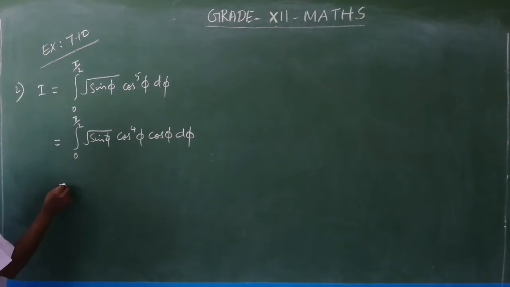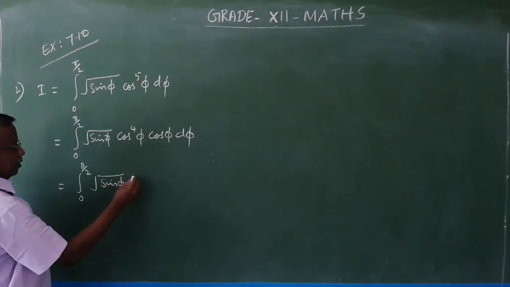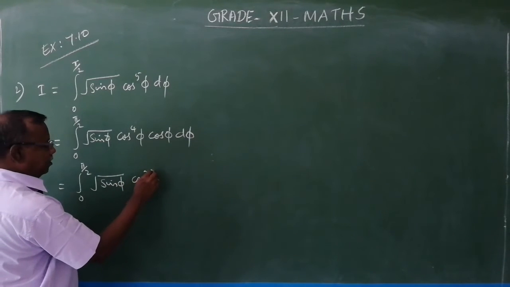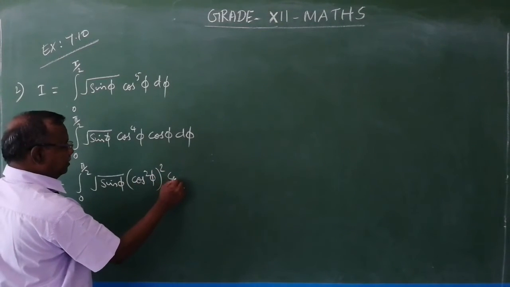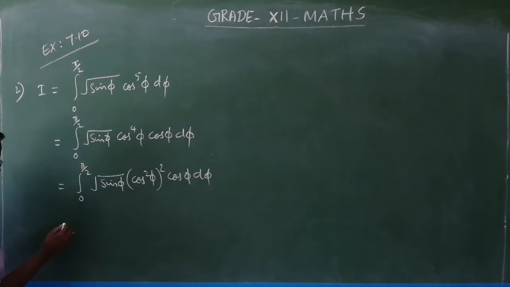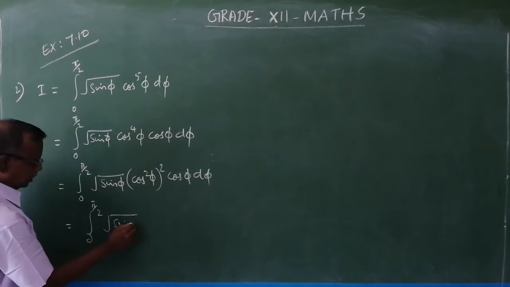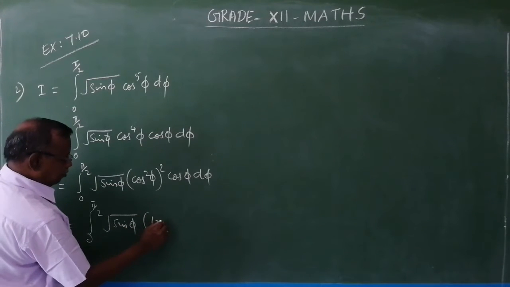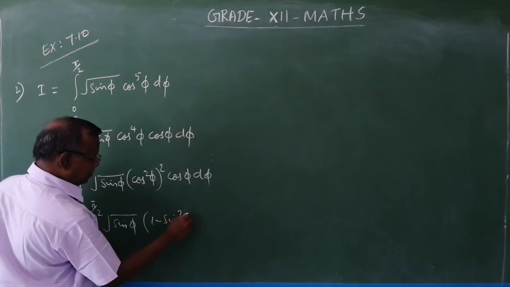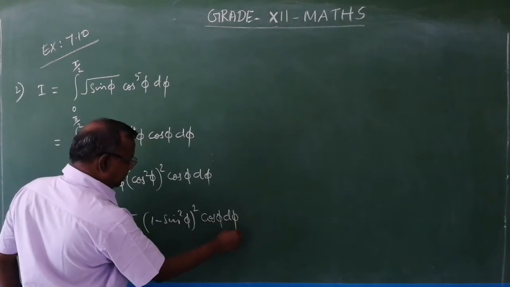Now that is equal to integral 0 to pi by 2 root of sin phi into cos square phi the whole square into cos phi d phi. Now this is equal to integral 0 to pi by 2 root of sin phi into 1 minus sin square phi the whole square into cos phi d phi.